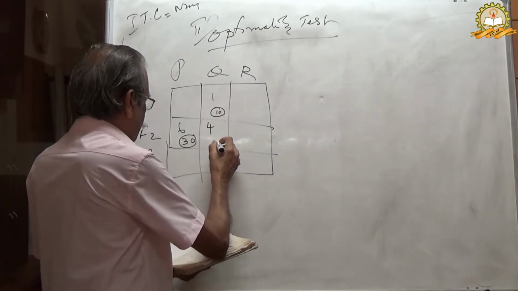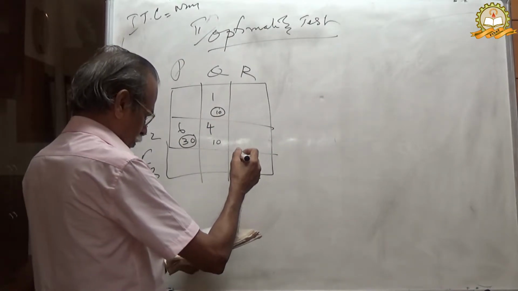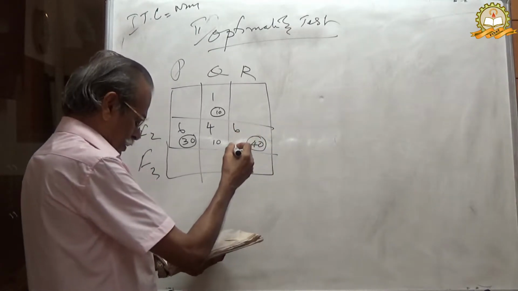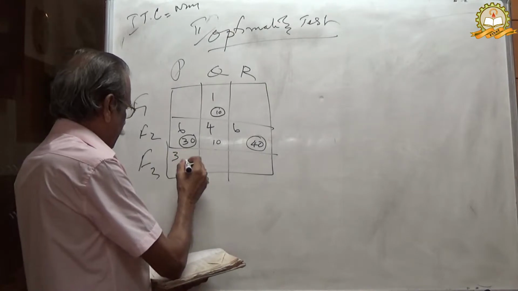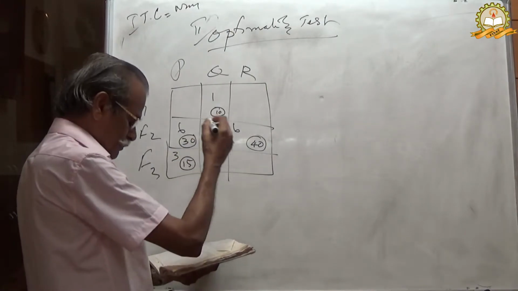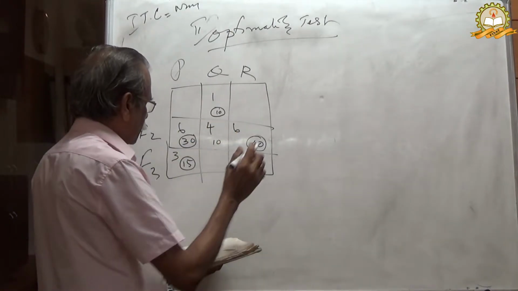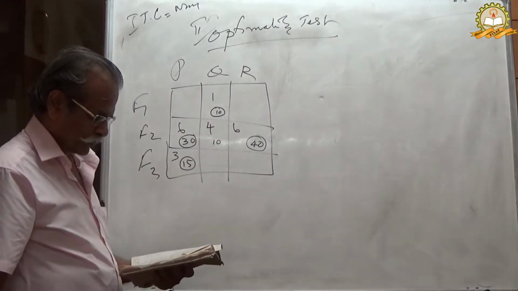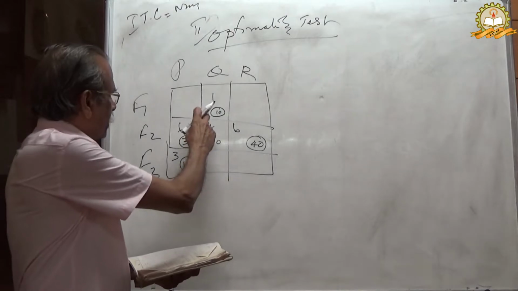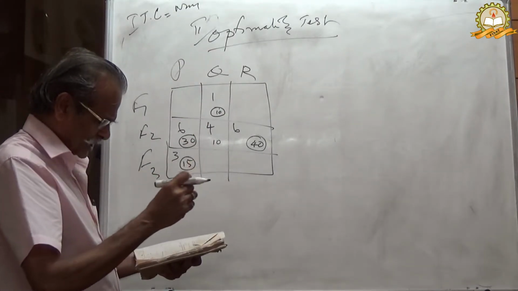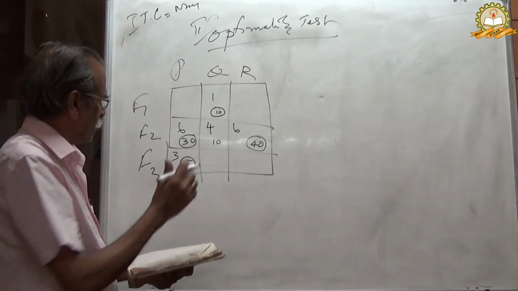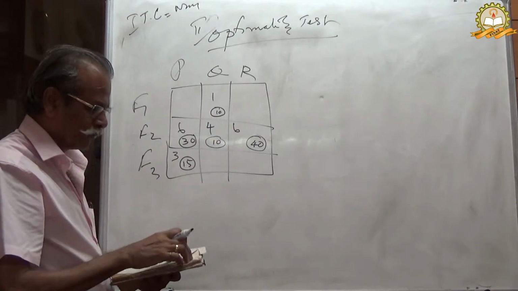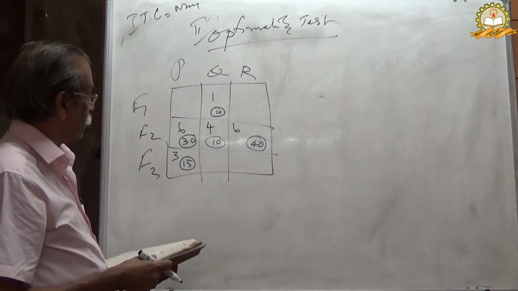You have 1 into 10 allocated, 6 into 30 allocated, 4 into 10 allocated, 6 into 40 allocated, and 3 into 15 allocated.